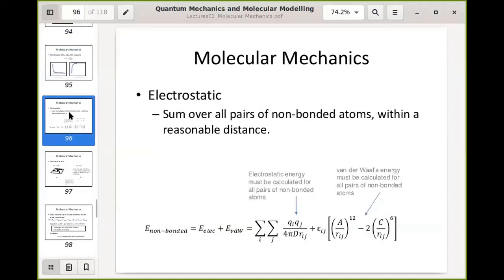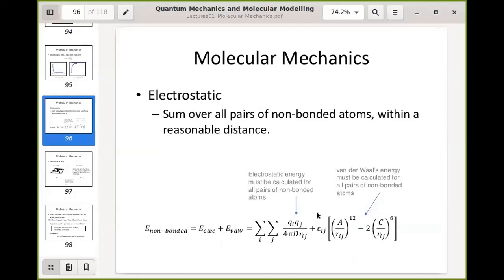So you mustn't forget, though, also with your non-bonded terms, you have to sum over all pairs. And this horrible looking double sum here, all it means is that if you want to get the electrostatic term, you've got to look at all pairs and calculate the electrostatic interaction between the two, the energy for every pair. You've got to calculate the van der Waals for every two.